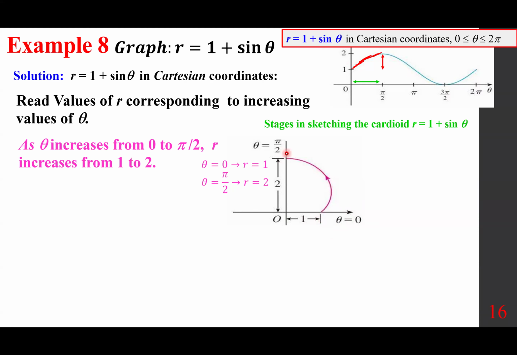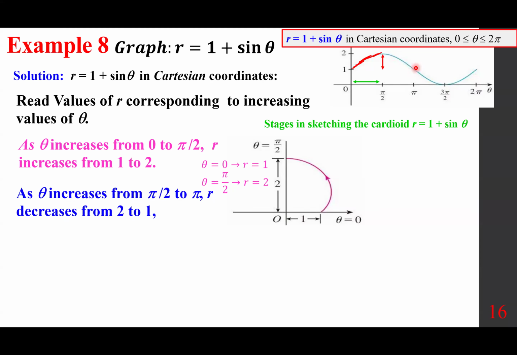And of course, we are just going with this methodology. You can always pick points in between 0 and pi over 2, such as pi over 6, pi over 4, pi over 3. Just for the sake of argument, if you pick pi over 6, you get 1/2 plus 1, which is 1.5 or 3/2. Now the second piece moves from pi over 2 to pi, and r decreases from 2 to 1.